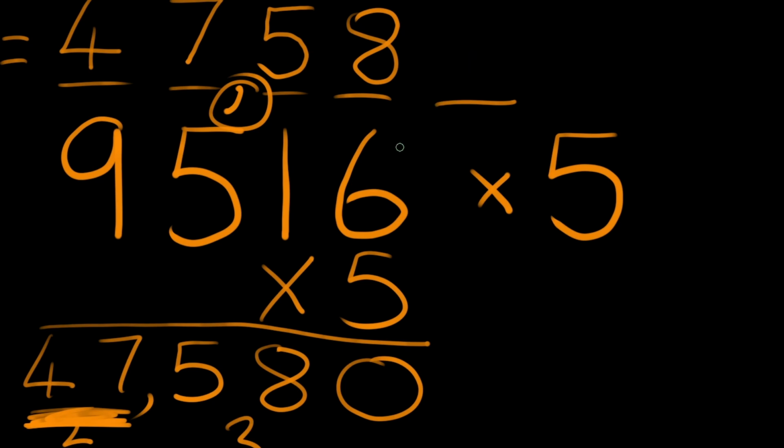This is where I simply look at this digit here and say, was that an odd one? Because as it wasn't, the assistant wouldn't have got paid. So 580, and there we are, 47,580. Was that the same answer we had earlier on? Yes, there it is, right down the bottom, 47,580.